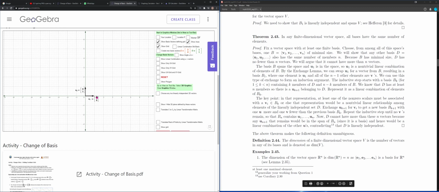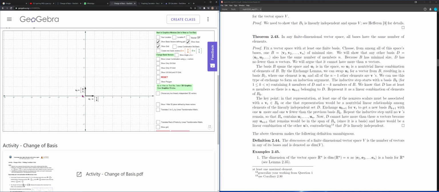Now, if I have a vector space and any basis, it will always have the same number of elements. That number for a basis of a vector space is in fact called the dimension.